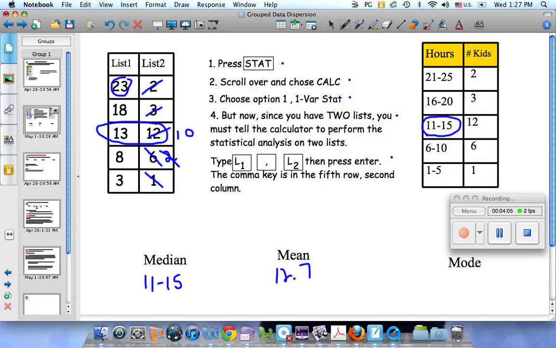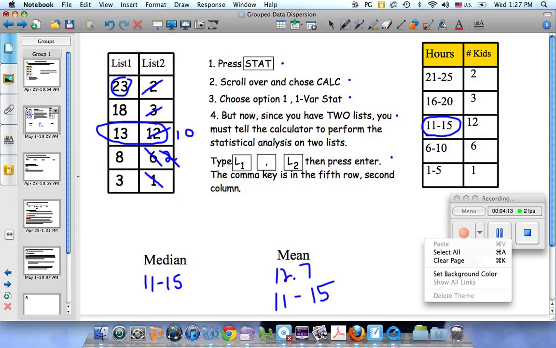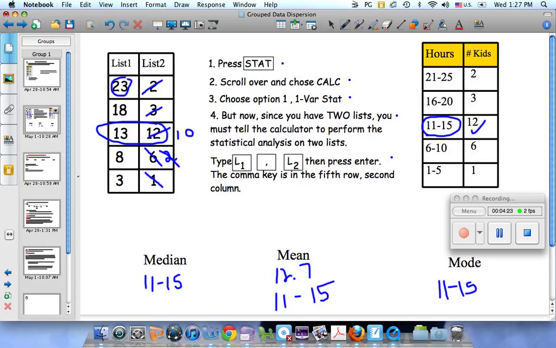So the mean is the interval 11 through 15. That's the average number of hours that a kid listens to music during the week based on this. And the mode is also 11 through 15 because most of the kids said that they listened to between 11 and 15 hours of music a week.